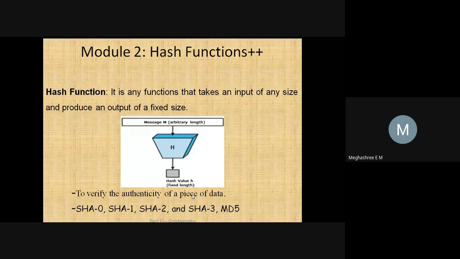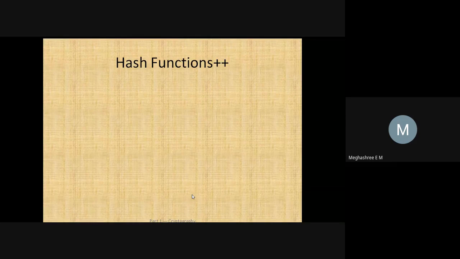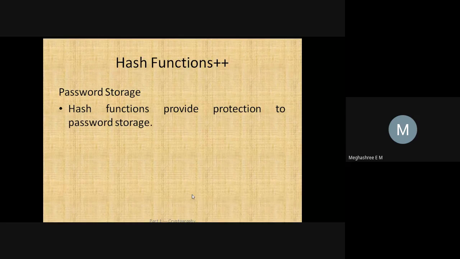Okay, so next, let's see what other applications of hash functions there are, I mean, in general, where it is used. The first one is password storage. This is a very important usage of hash functions. Let me consider an example where you create a Gmail account or a Google account. Obviously, you have to provide the username and the password to log into your account, isn't it?